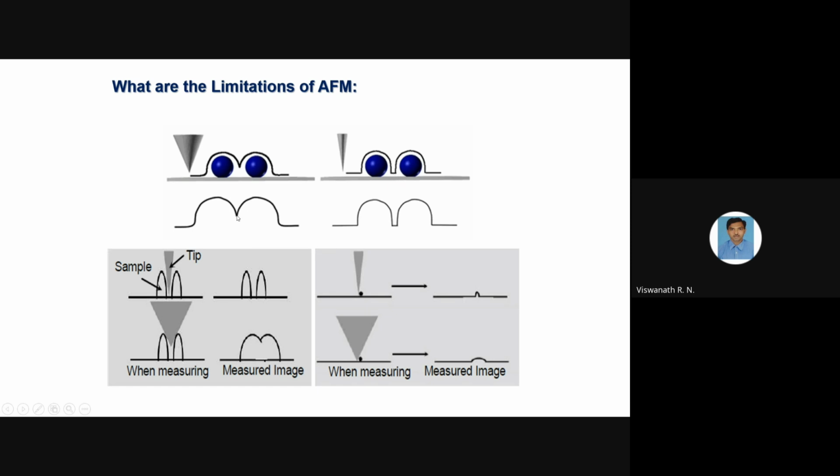That is the thing. The quality of the tip is also important, because when the tip quality is not good, instead of one atom, a few atoms can be there. Then the resolution of the information is not as good as compared to a single atom.